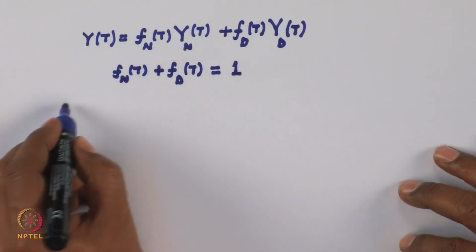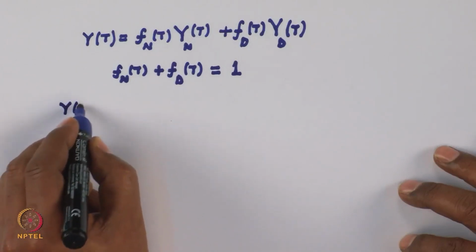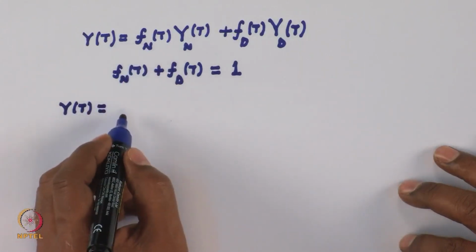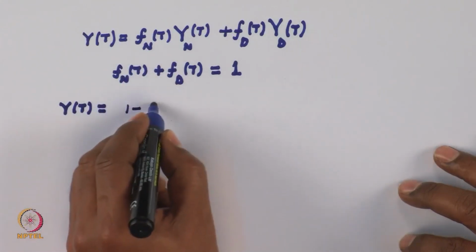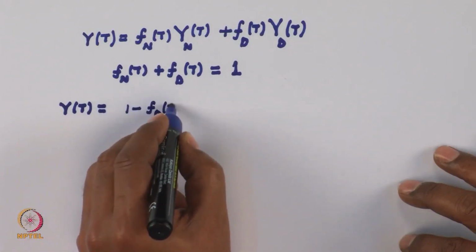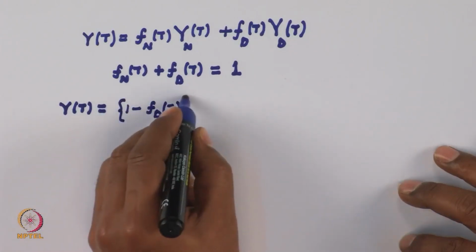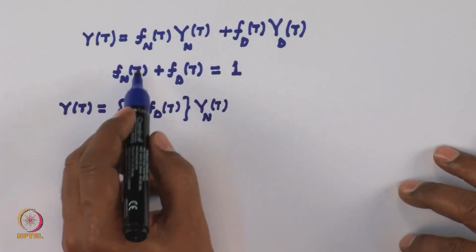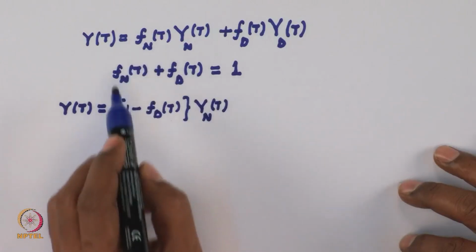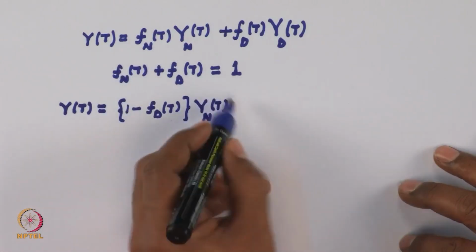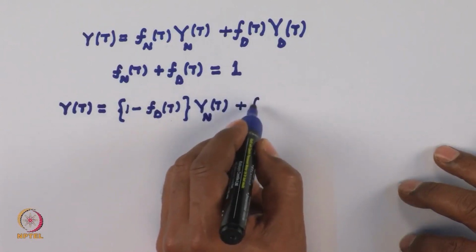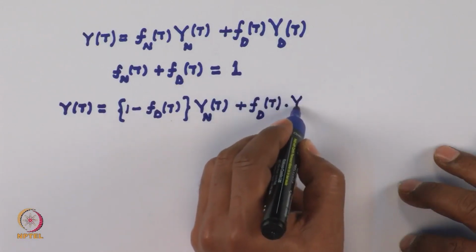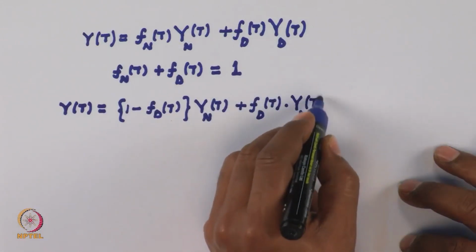Therefore, Y at any temperature T is equal to, instead of Fn, I will write 1 minus Fd at temperature T into Yn at that temperature, plus Fd at temperature T into Yd at that temperature.